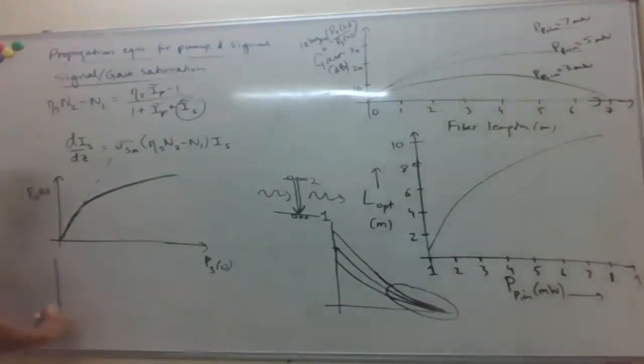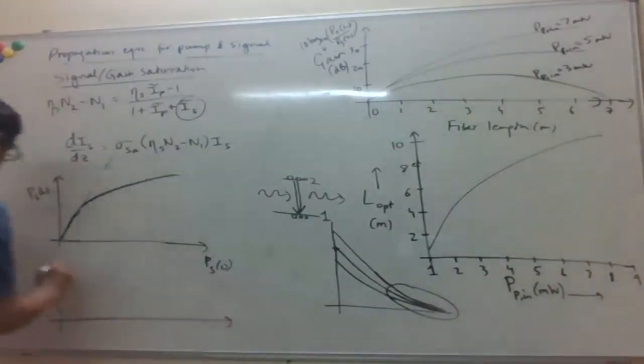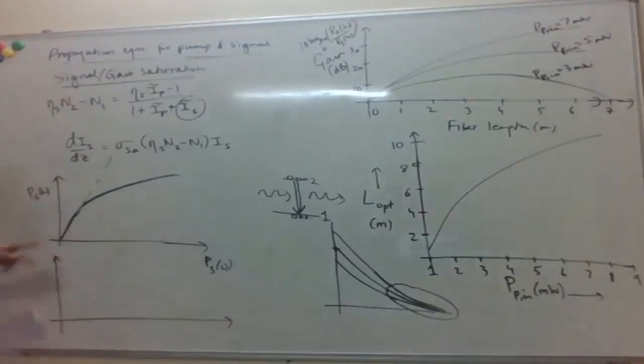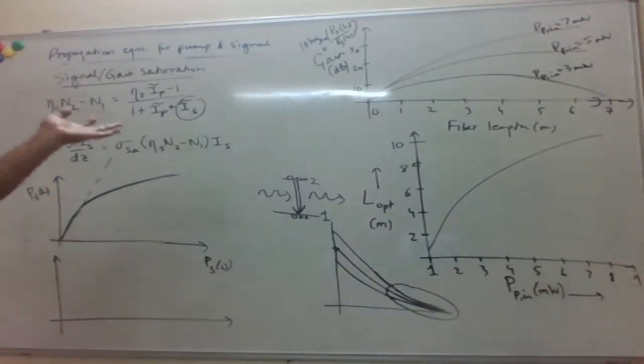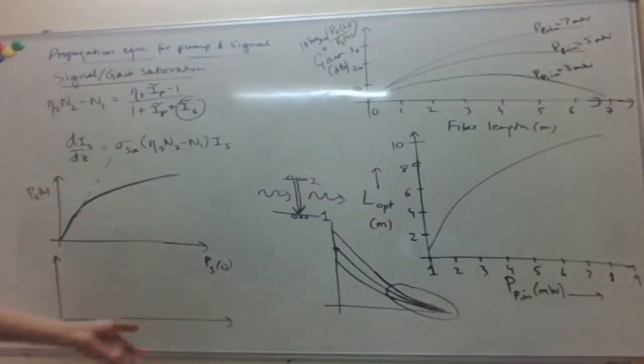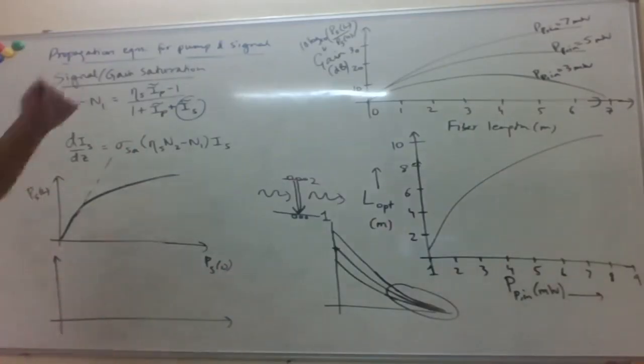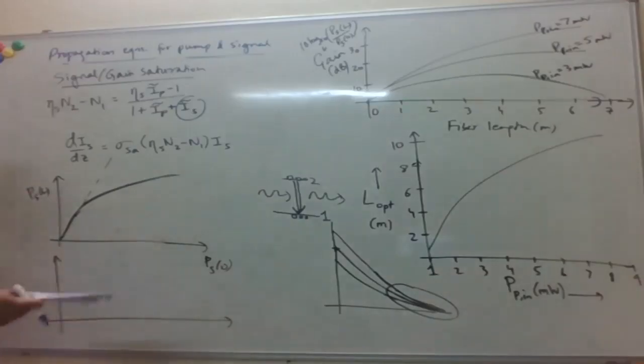Okay, so in terms of gain, the gain now depends on the input signal power. Under the small signal approximation, it's independent of the input signal power, because we said that the signal power is very small compared to all other constants in our equation.